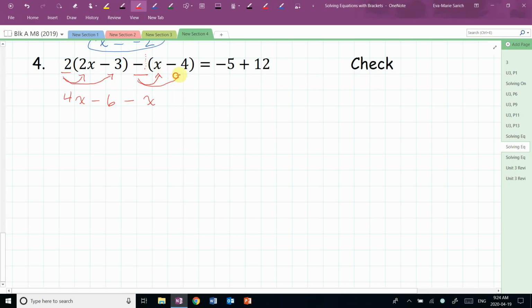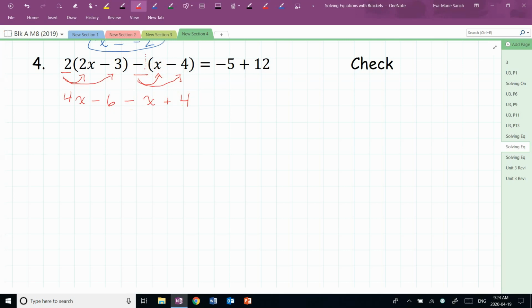Moving on to the next part of the bracket, a negative times a negative is a positive, and 1 times 4 is simply 4. Now, what you discover when you just have a negative sign in front of a bracket is everything in the bracket just switches signs. So that was a positive x, it becomes a negative x. This was a -4, it becomes a positive 4. So that's what happens when you have a negative sign in front of the bracket.